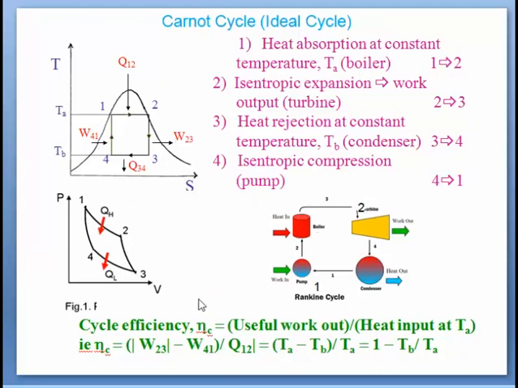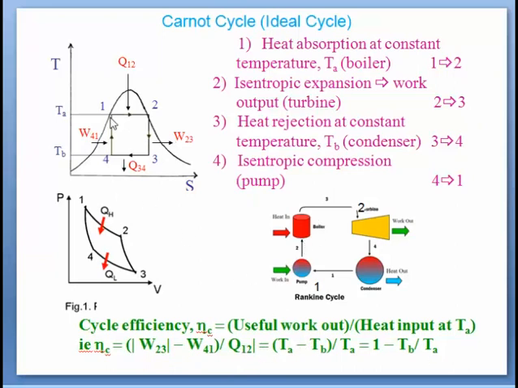So net work done will be given as work produced by the turbine minus work consumed by the pump to pump the mixture to the boiler, and heat input is heat added in the boiler. So this can be given by this expression, that net work done is work developed by the turbine W23 minus work consumed in pumping, that is W41, divided by total heat added in the boiler.